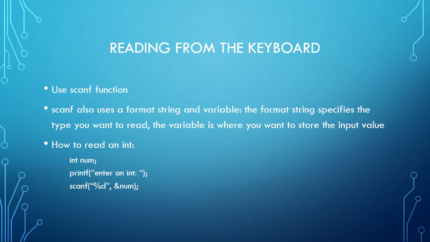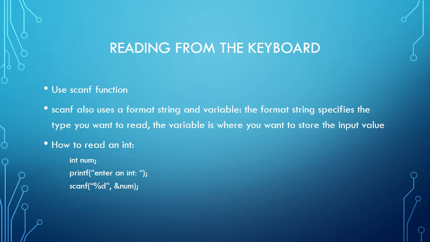However, the variable has to be preceded by an ampersand. We will talk about ampersands, but the ampersand operator in C means address of. So you can think of the scanf as saying, I want to read an int, and this is the address at which I want you to put the value that you read.